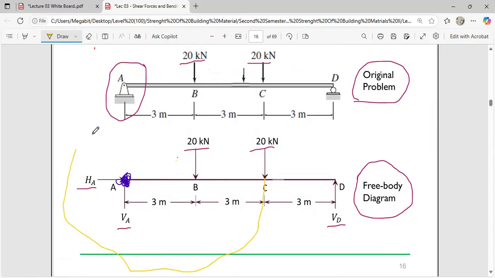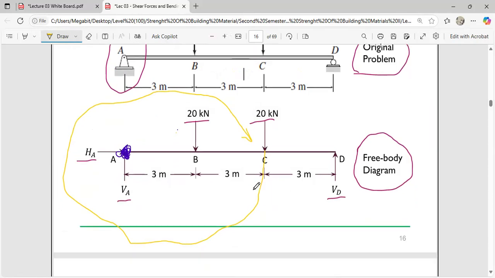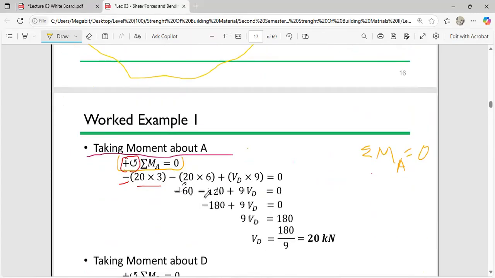So if you move following the direction at which it is going, you realize this is going to perform a clockwise movement. So this is also going to be negative. You put your negative over here, and you multiply the force times the distance, the 20 kilonewtons times 6 meters.